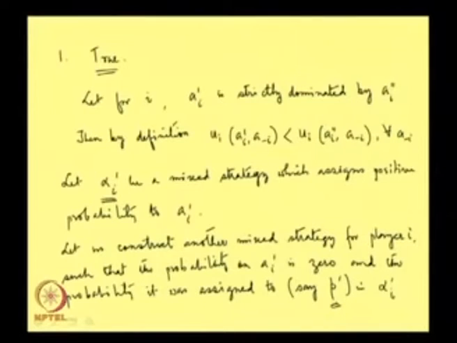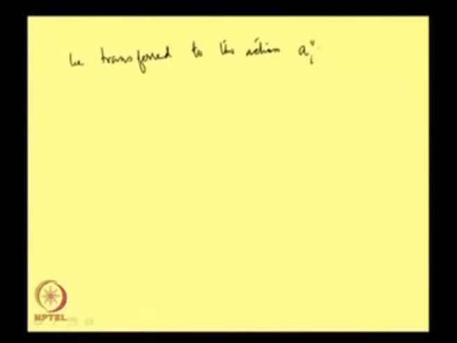How are we constructing this new mixed strategy? What we are doing is that we are now putting the probability on a_i' to be 0 and the probability it had in alpha_i', which is p', is now being reassigned to the action which was dominating it, which is a_i''.